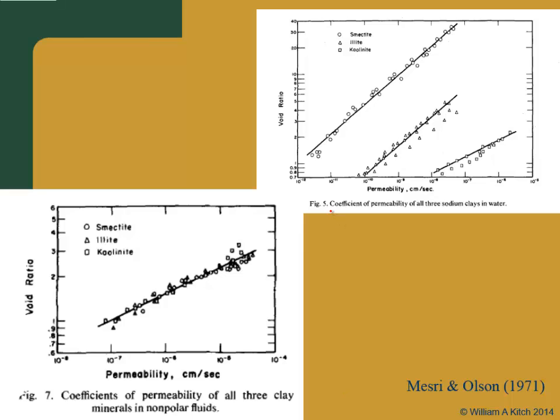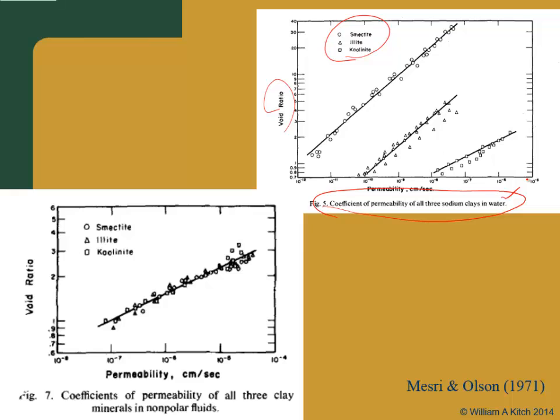So this is the hydraulic conductivity as a function of void ratio for 3 different soils in a certain concentration of water with sodium ion. And as you can guess, the bentonite's got the lowest hydraulic conductivity, the illite intermediate, and the kaolinite the highest.